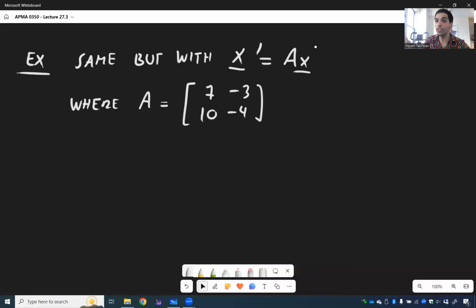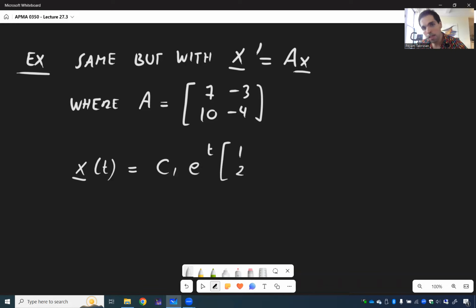And if you watched the previous recording, then you may notice it's the same system as before. And in fact, we found a solution x(t) = c1 e^t (1, 2) + c2 e^(2t) (3, 5).